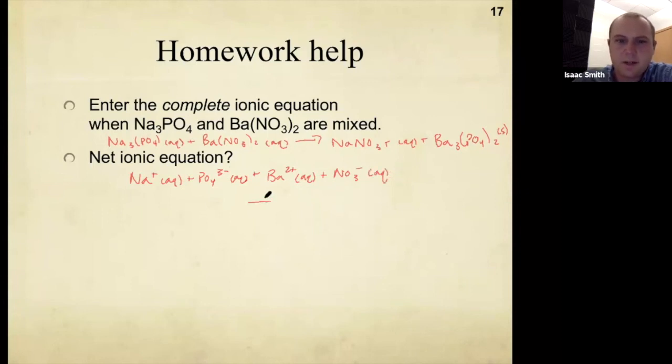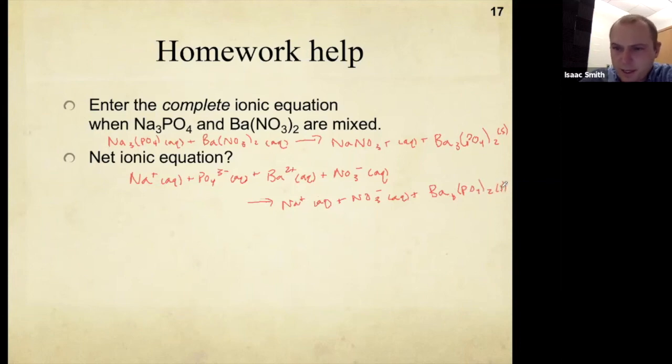On the product side, we have sodium, which is aqueous, and nitrate, which is aqueous. And then we have our solid formed, which is barium phosphate.